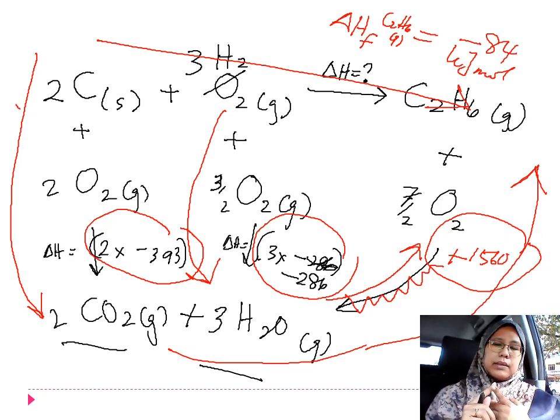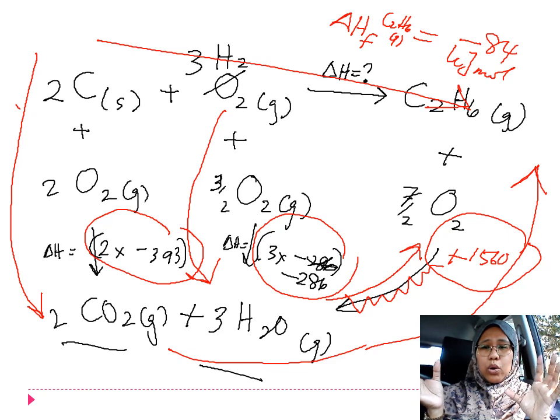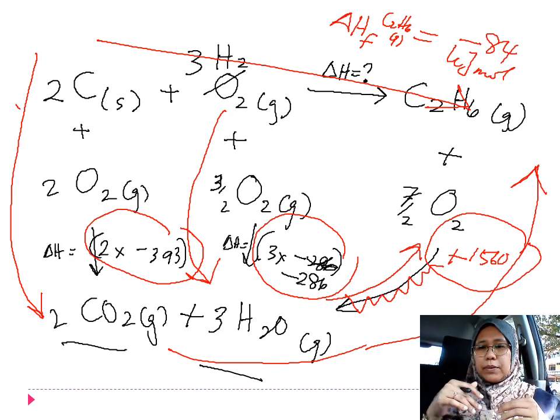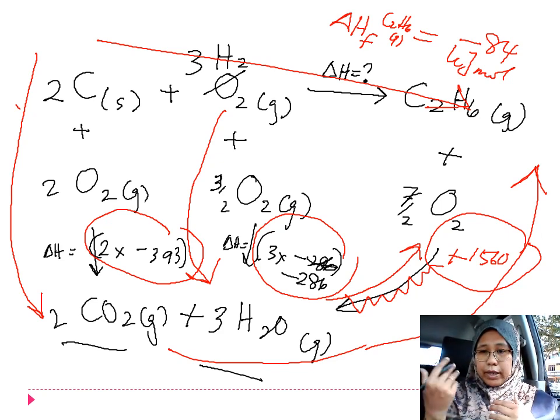Algebraic method is a bit painful because you have a lot of equations and then you have to write back the equation using the balanced number of moles according to the final equation that you want to find the magnitude.